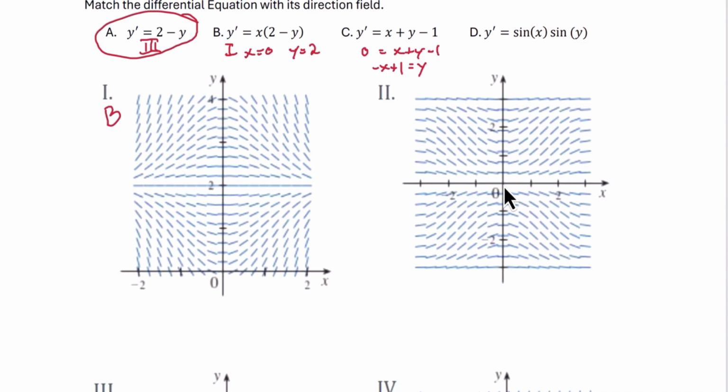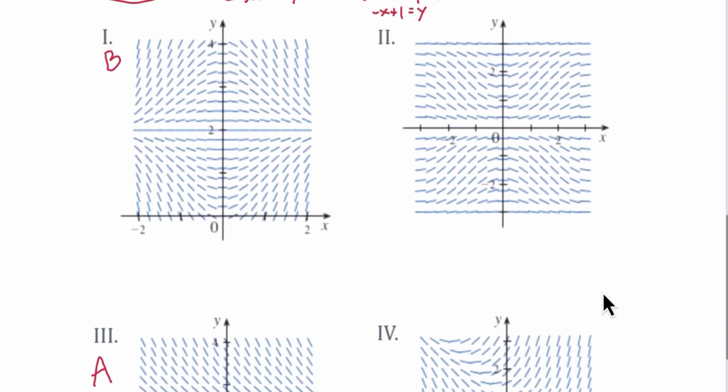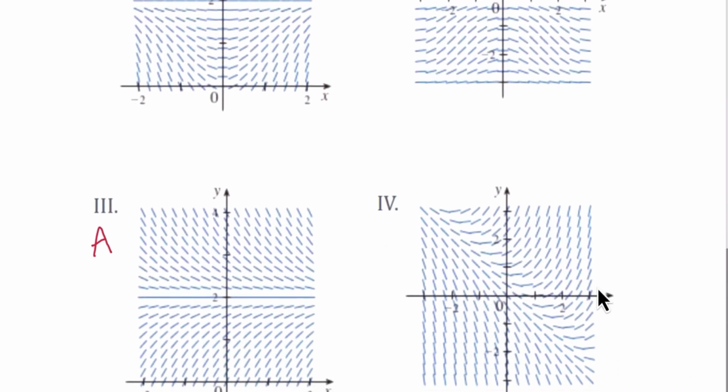So we already looked at 0, 1. Looks like y equals negative x plus 1 is going to be this diagonal. It looks like those are not horizontal tangents there. Let's see if it is here. Yeah, so here we go. Y equals negative x plus 1. It looks like we do have horizontal tangents along that line. So it looks like this is part C.